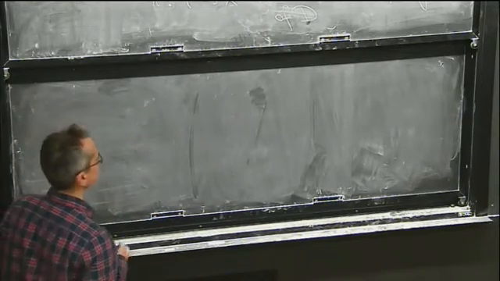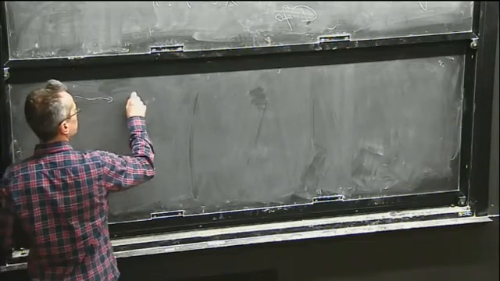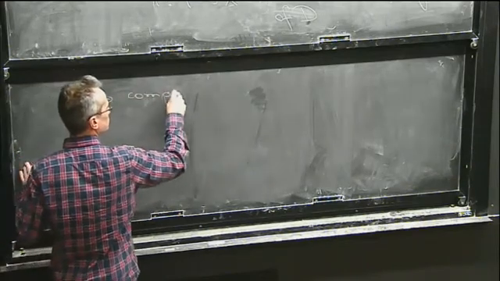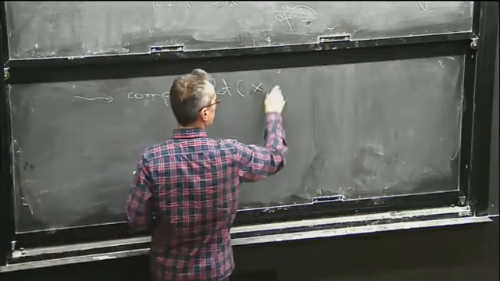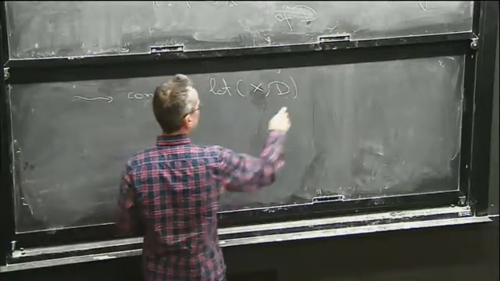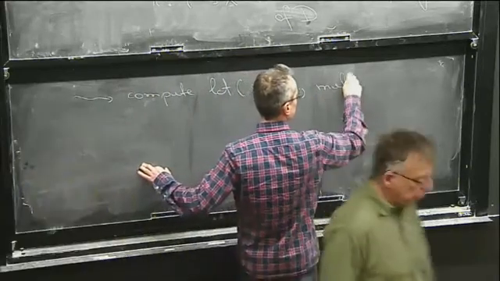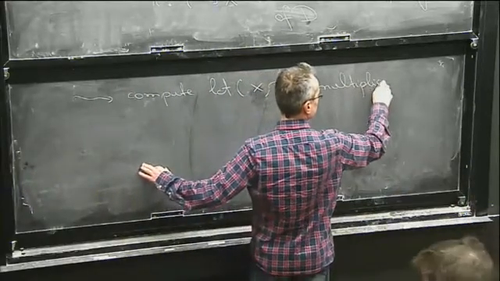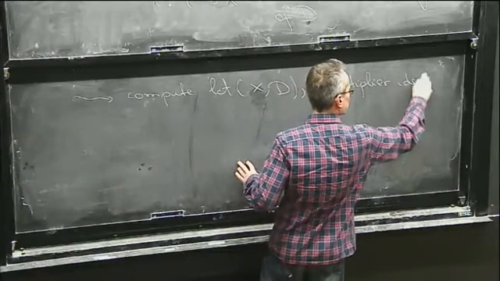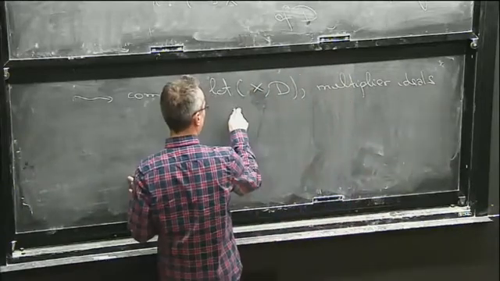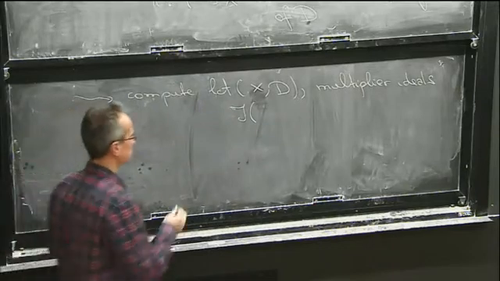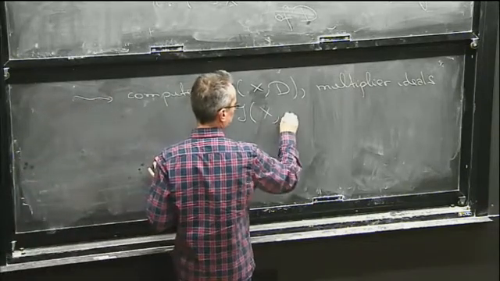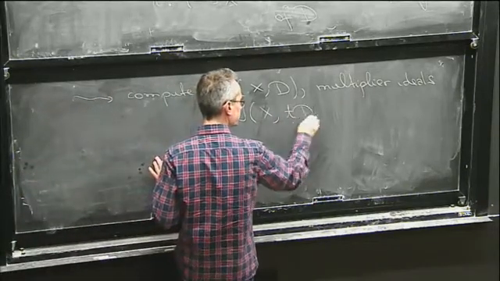So from this picture you compute this LCT of (X, D), also the multiplier ideals. These are some ideals on X depending on some parameter t, exactly like the ones that showed up in Kevin's talk, the test ideals.